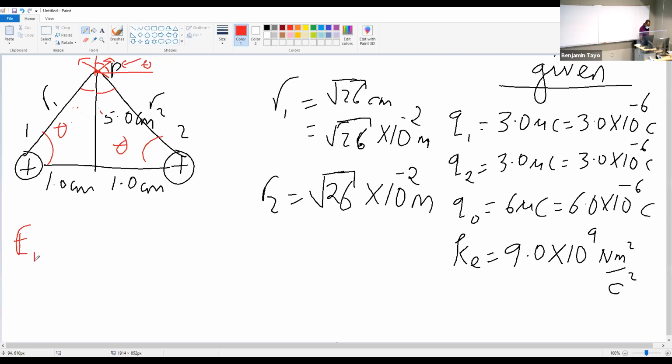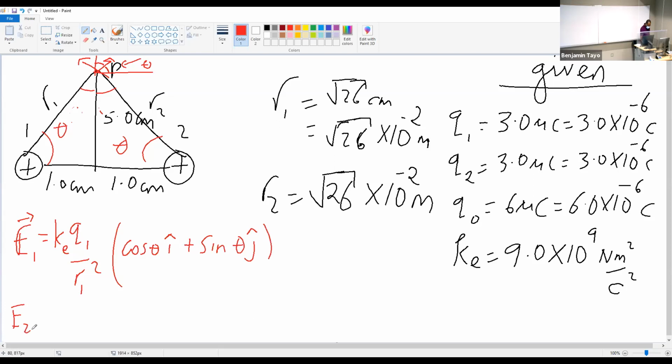So E1, which is the electric field from Q1, is going to be KE Q1 divided by R1 squared, and the unit vector pointing in that direction is going to be cosine of theta i hat plus sine of theta j hat.